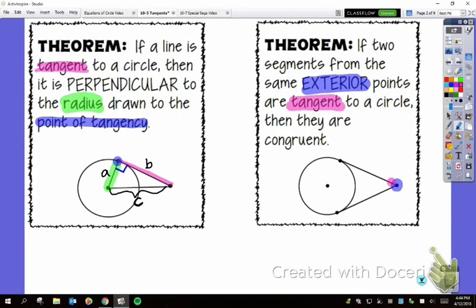We have a tangent line from here to this point, and we have a tangent line from that exterior point to this point on this side. So if those two segments come from that point that is on the outside, then they are congruent. So then this segment would be equal to this segment. So we could say, like, if this was 15, then this segment would also be 15.